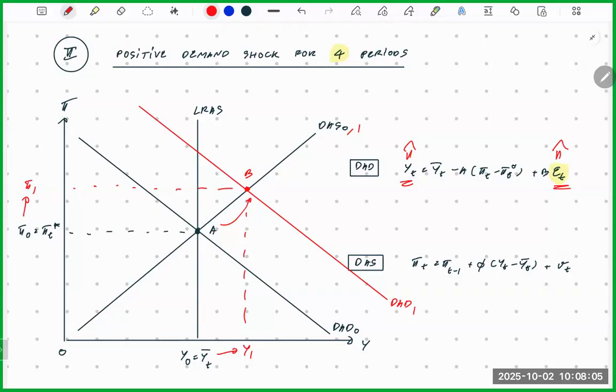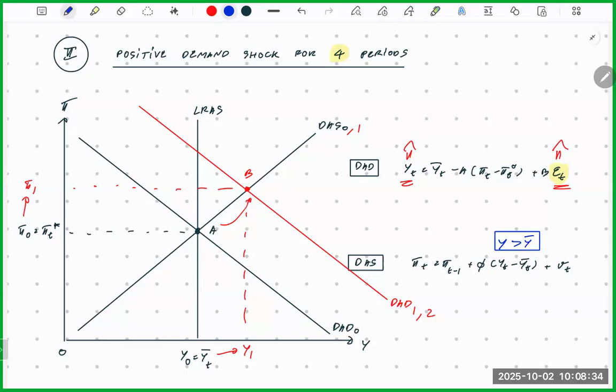Day 2, people still spend a lot. Demand is still here on the right. I put comma 2 over here because people still spend more than normal. How about dynamic aggregate supply? Now, at equilibrium point B, as you can see, Y is greater than Y bar. The economy is hot, very good.